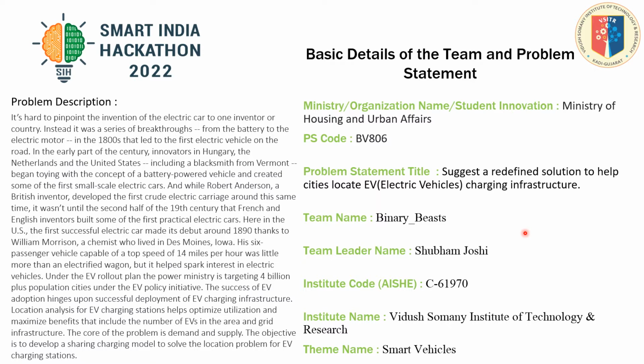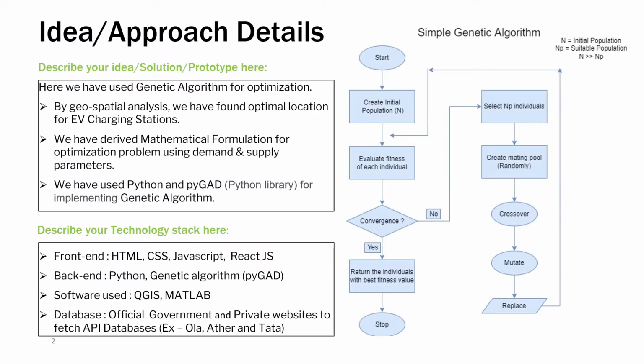Our PS code is BV806, and the Ministry of Housing and Urban Affairs is our ministry for this problem statement. Now let us go on to the solution we have prepared. Before that, let me describe the technology stack.